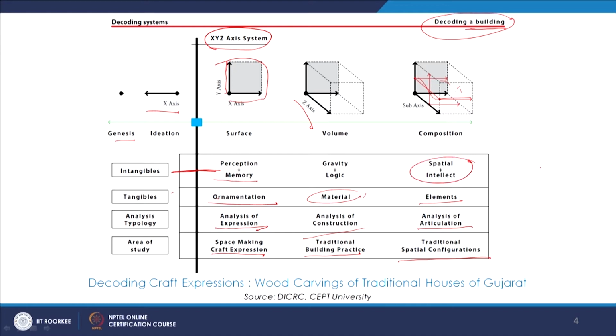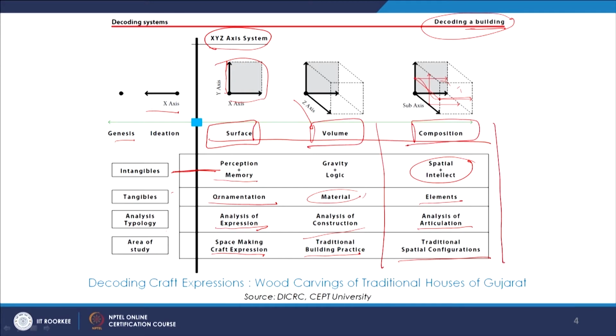So this is a sort of a diagram or a sort of a system which helps us understand that if we have to decode a building which has a certain inherited craft structure or a system embedded within it, then we try to break it in terms of different axes, and we get largely a surface, a volume and a composition, and then further we try to understand this in terms of various other breakups and elements.